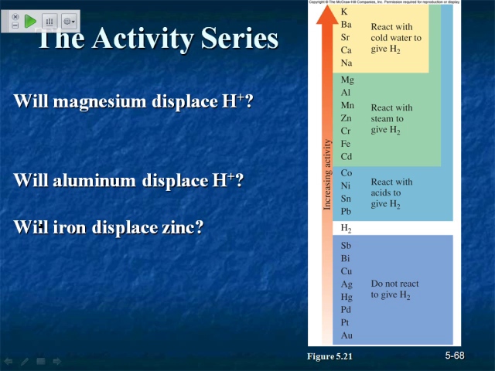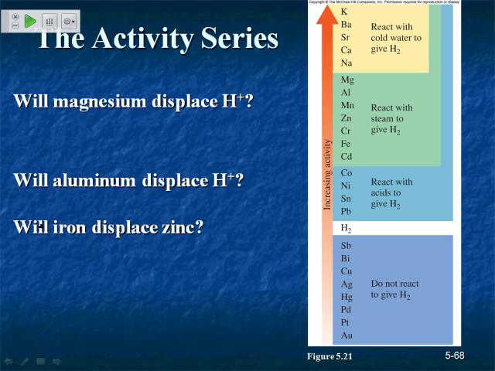So look at the position of copper and silver. Copper is above silver in the activity series. So if you put copper metal into a silver solution, it will displace silver. Whereas if you put silver into copper solution, you didn't see anything, correct? Because silver is below copper, so it cannot displace copper.